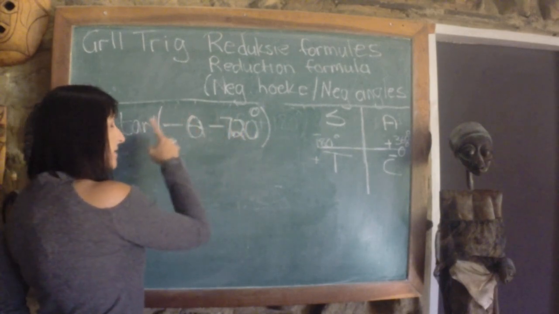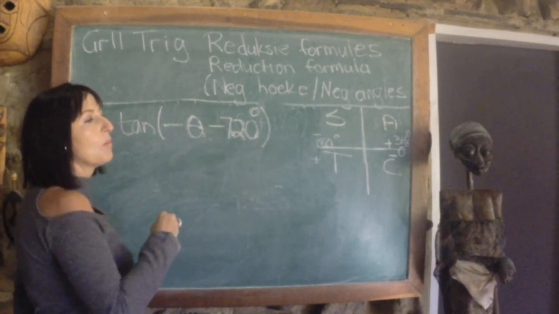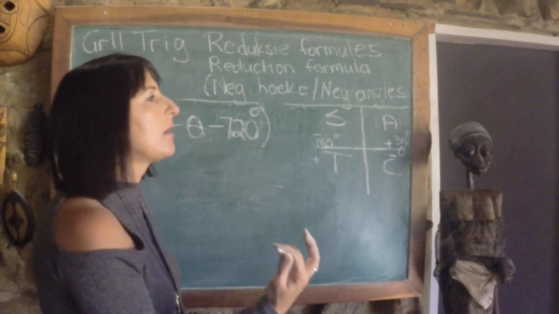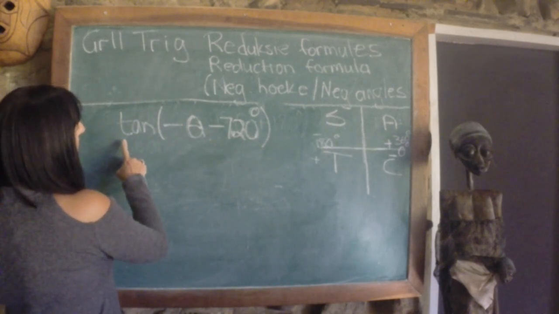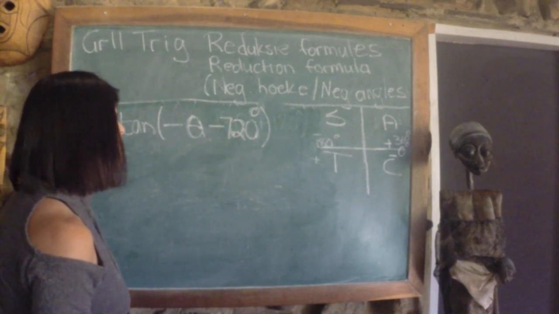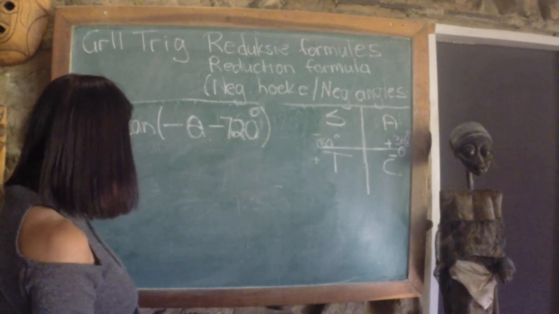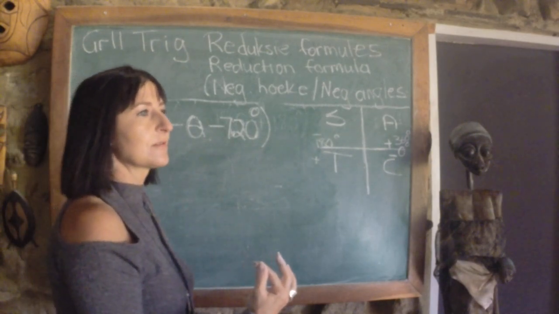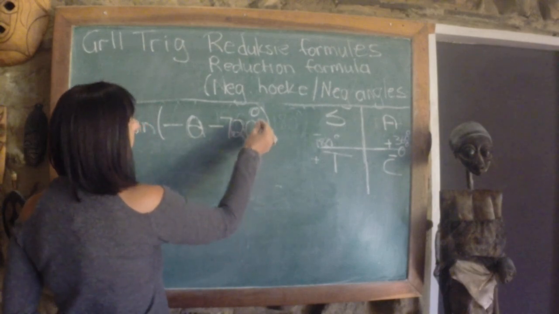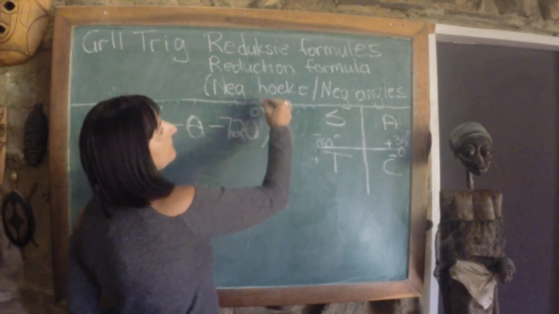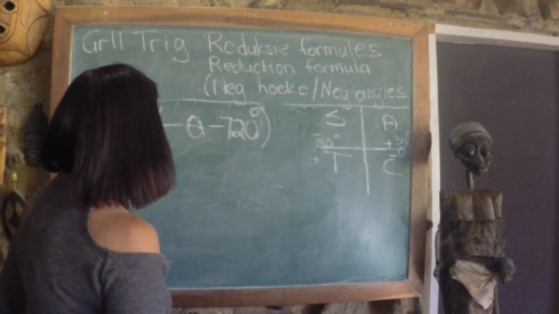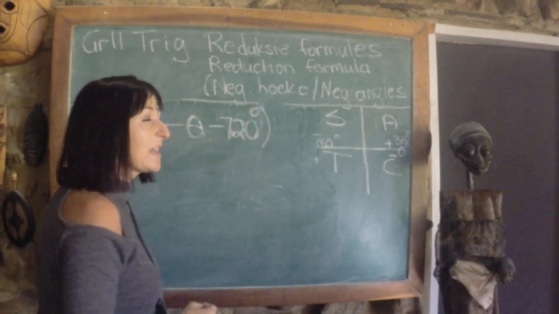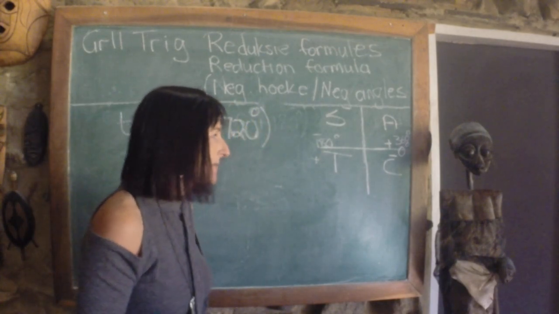Om hier 'n reduksieformule toe te pas, het ek nodig om my grade vooraan te hê. So ek kan gaan sê, this doesn't look good. So I need to add cycles so that I can get rid of this degrees that's coming afterwards. So let's add 180 degrees.